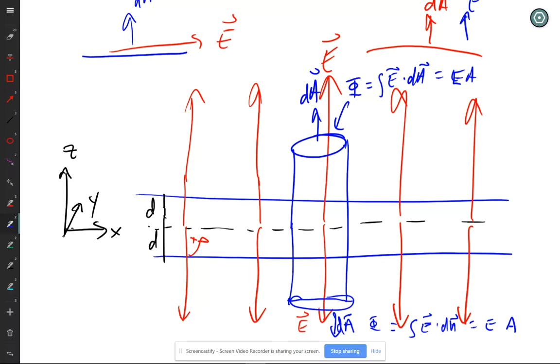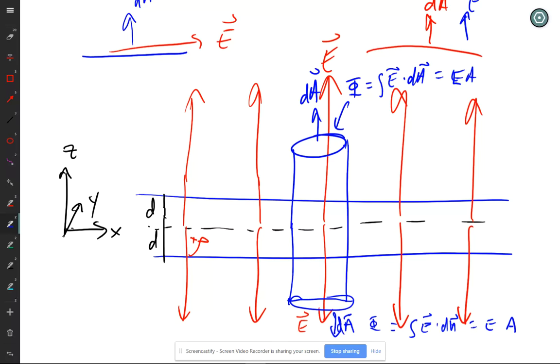Now what about the sides? What direction is the area on the sides? I made mine a cylinder. What direction is the area on the side of a cylinder? Area is always going out, so the area is like this. But what direction is the electric field pointing? Vertical.